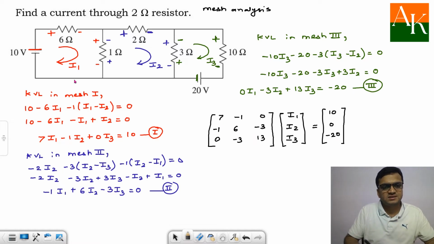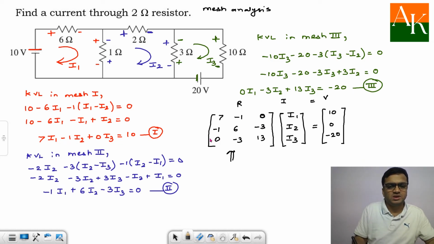You can see here, since this network consists of only voltage sources and resistances, this resistance matrix turns out to be a symmetric matrix. You can even check that this 0 indicates that there is no resistance shared between mesh 1 and mesh 3.